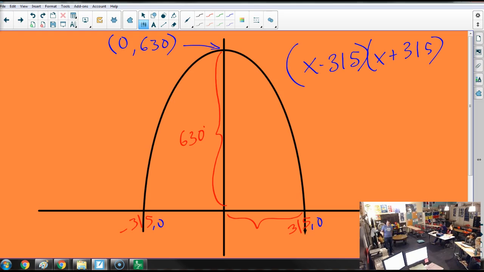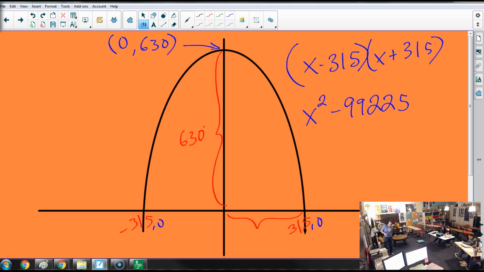Then couldn't we plug in the 630 to make sure it's the right equation, that it actually does equal 630? There's no bx, but then 315 times 315? Calculator. It's 99225. That's a big number.